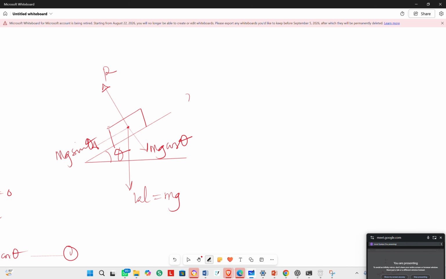So it is on this inclined plane that you can have the coefficient of friction equal to tan theta. Why? Because the coefficient of friction equals the ratio of the friction and the normal reaction force.